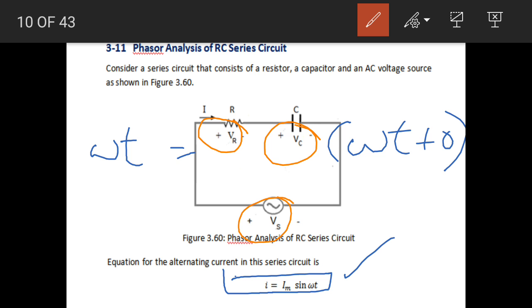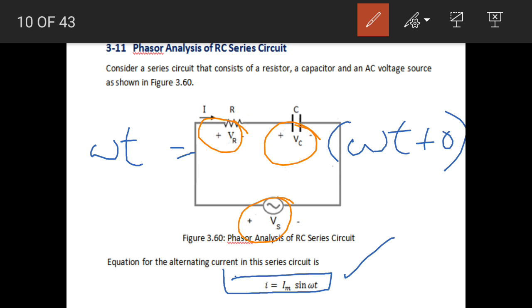We shall consider the phase angle of the voltage across the resistor with respect to this current. We shall consider the phase angle of the AC voltage across the capacitor with respect to this current. And we shall consider the phase angle of the source voltage with respect to this current.